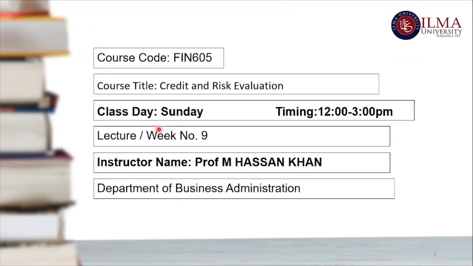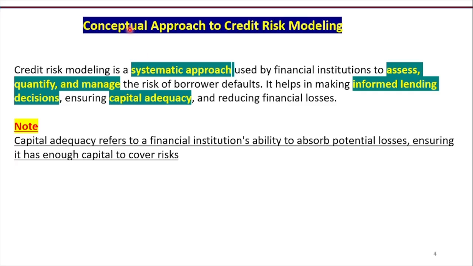Let's move toward our first slide, which is the conceptual approach to credit risk modeling. Before looking at that, we have to understand the concept. We have already discussed credit risk in detail, so here we are going to discuss credit risk modeling.